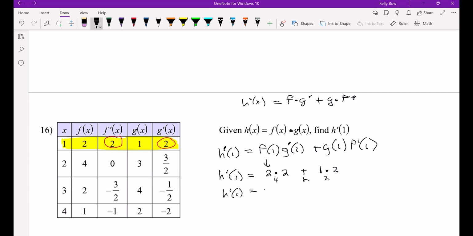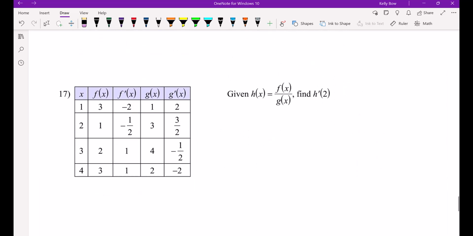When you add those together, you get 6. So the instantaneous velocity when x is 1, maybe you have a graph that's looking like this, and at 1 it'd be steeper than that, depending on the graph.